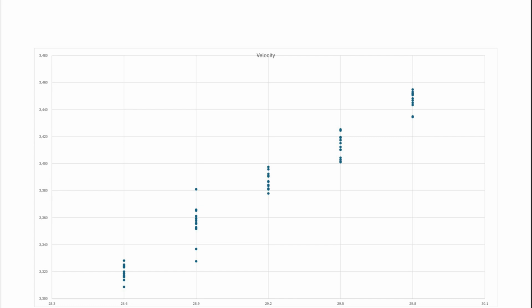The highest velocity of the 29.2 and the lowest velocity of the 29.5 are almost the same. And even the highest velocity of all of them compared to the lowest velocity of the next one up, you're seeing something similar.